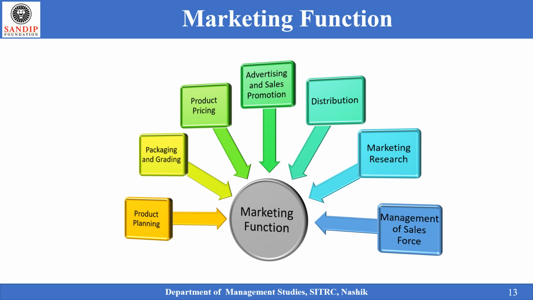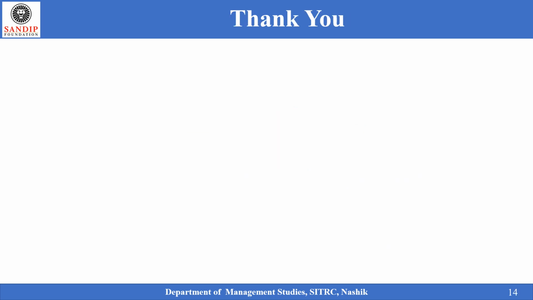I need to know how people are buying: what percentage of people are buying your product online, how many are buying in store, how many are buying from a particular institute. All this information will be critical, and it is gathered together by the marketing department and then used for decision making. This is how marketing research takes place.